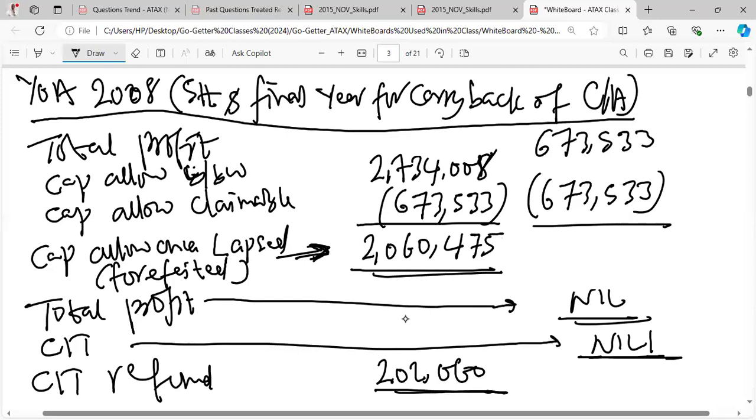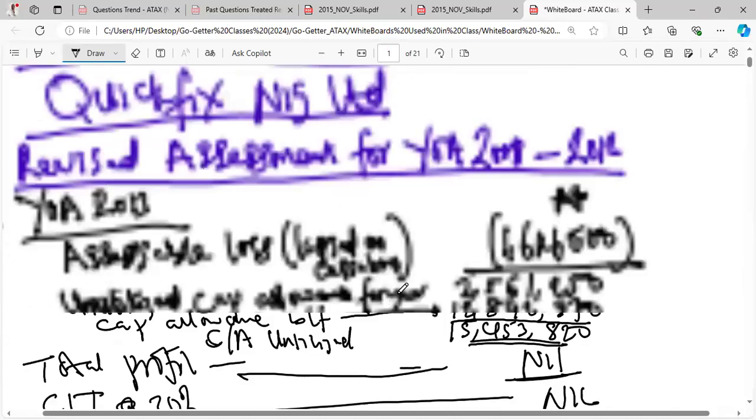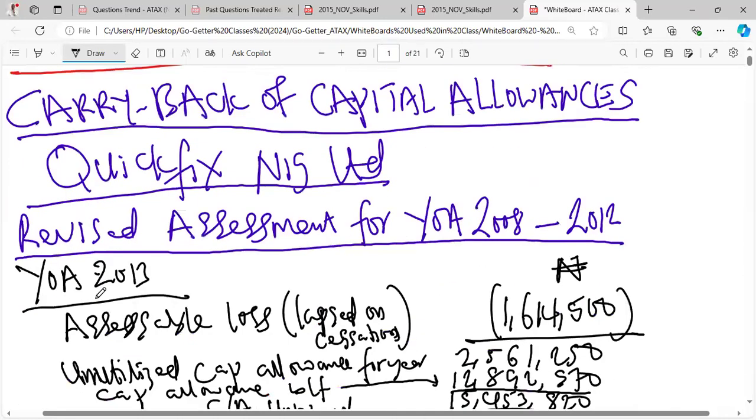So this is what you are going to do. Remember we said 2008 to 2012. I have 2013, but we are saying revised. We are revising for 2012, 2011, 2010, 2009, and 2008.